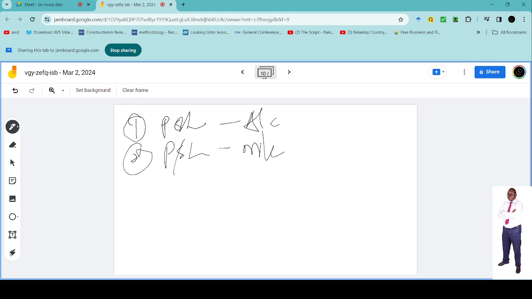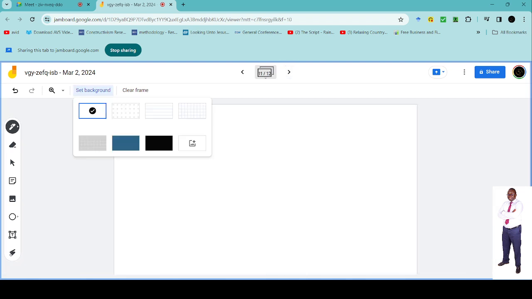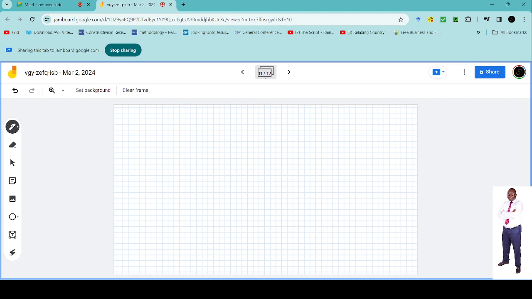Let me see if I can get this working. I hope this will work. So let's try to work this out. So we have our absorption costing P&L, of course, for the year ending 31st December 2020.